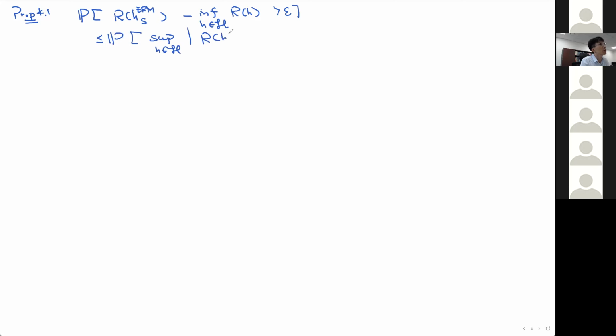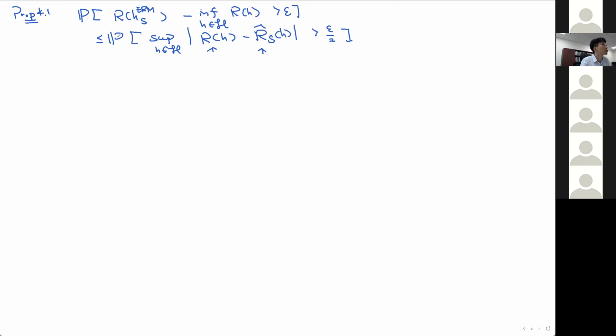And then what appears on the right-hand side is something that we are used to, which is the uniform bound on the difference between the risk and the empirical risk. Okay. So that gives a stepping stone to let us use the generalization bound based on Rademacher complexity.